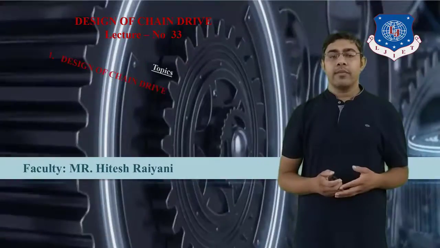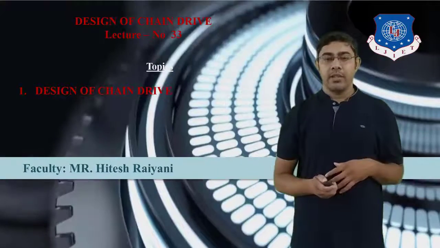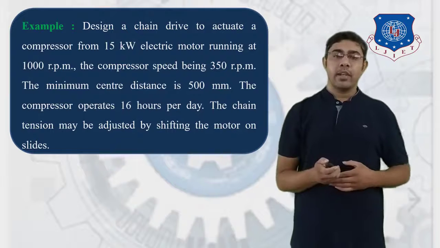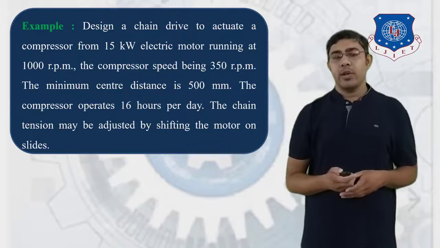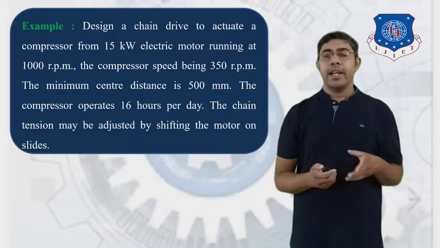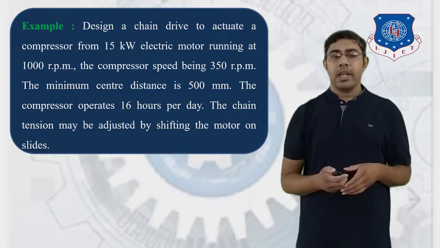The learning outcome of this lecture is to learn the design of chain drives. So consider the worksheet problem given in previous lectures. Design a chain drive to actuate a compressor from a 15 kilowatt electric motor running at 1000 rpm.